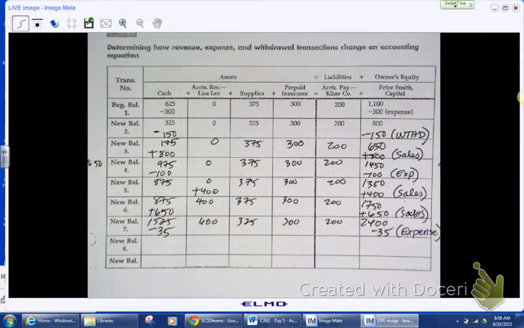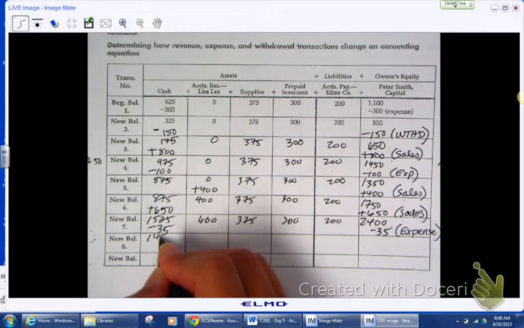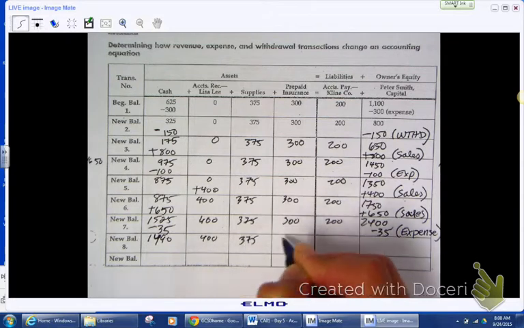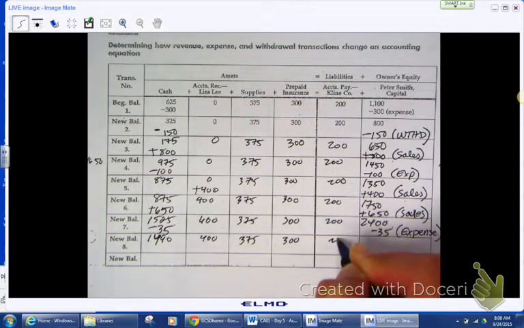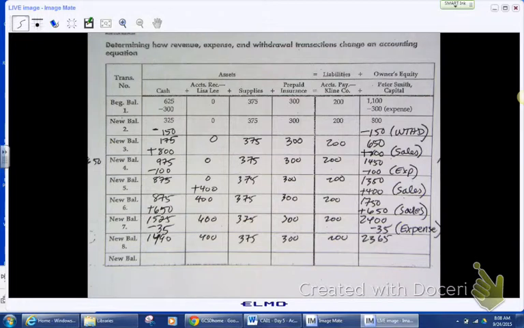Okay. So now bring our balances down, and our balances are $1490, $400, $375, $300, $200, and what do we have? $2365. Okay. Last transaction for this problem is going to be Rachel Baker.